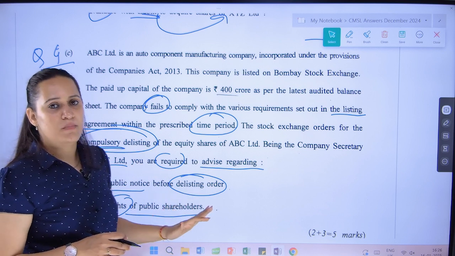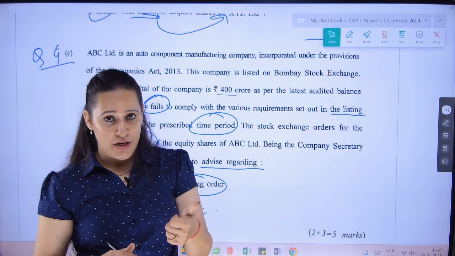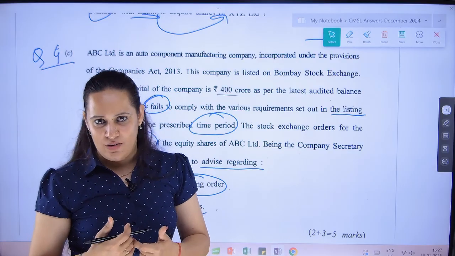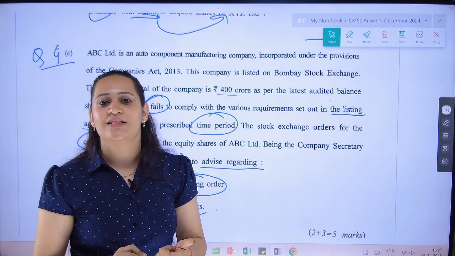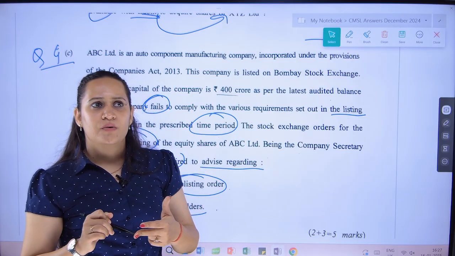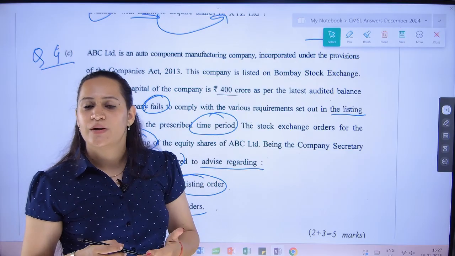What are the rights of public shareholders? Firstly, they have a right of getting a fair value for the shares. Second, they have a right to get timely payment. First they should get a payment and they should get it within the timeline that has been prescribed. Next, they don't have a mandate that they should give their shares in the exit offer during delisting.